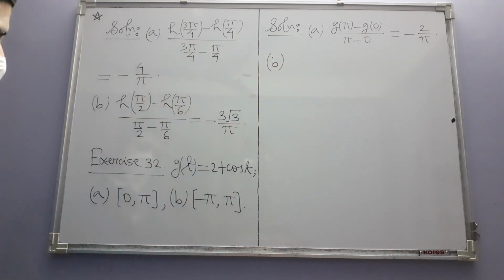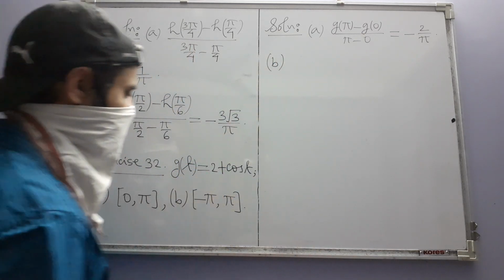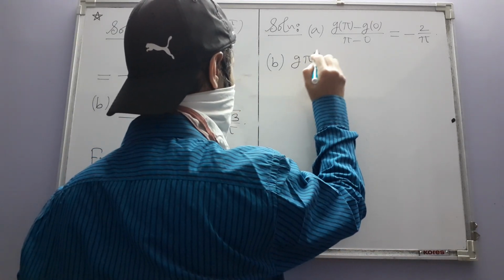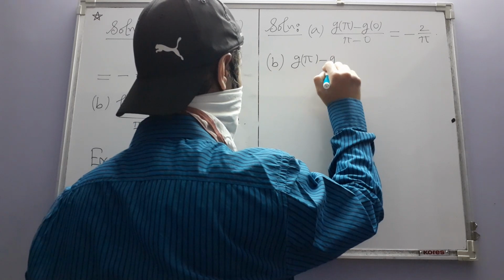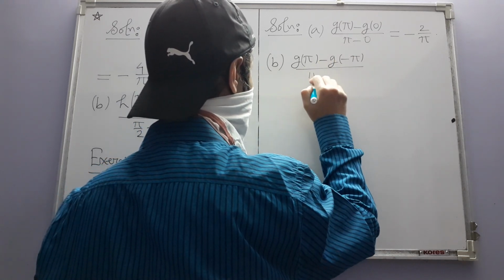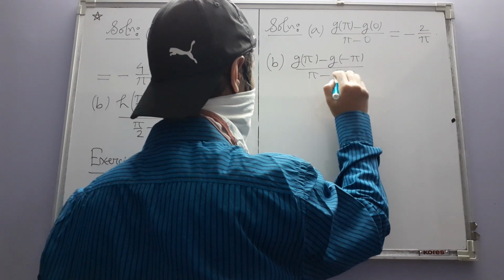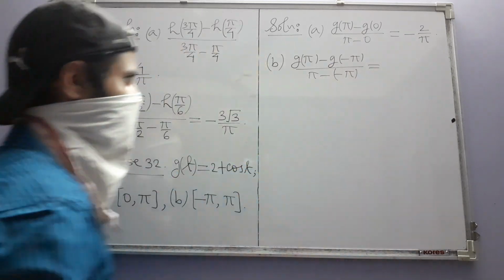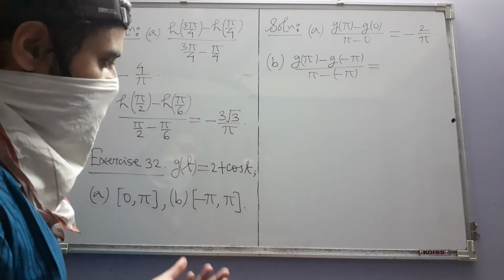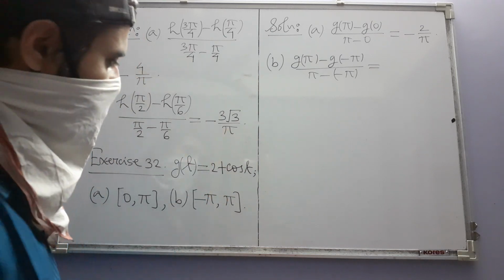In part B, the interval is this. Now here we have pi and minus pi. Okay, now let us see for a moment what is the value of g of pi.